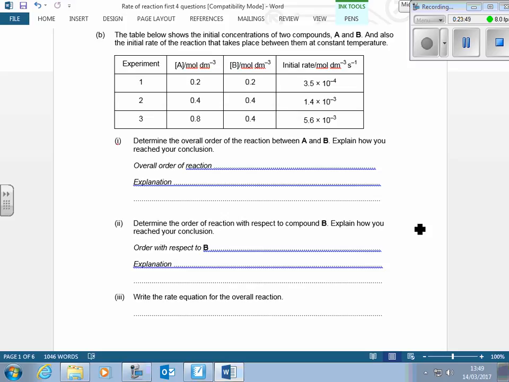Because if that's kept constant, then when we double the concentration of A, what happens to this? It goes up by a factor of 4. So that is 2 to the power 2. So the order with respect to A is 2.